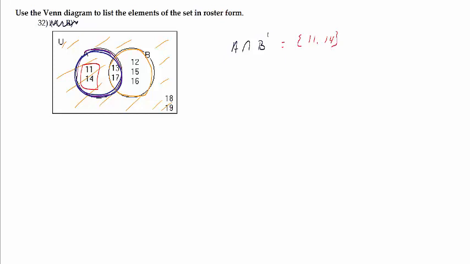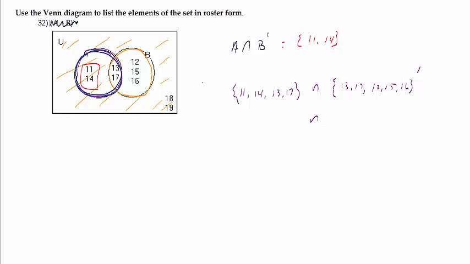If you prefer, you could write these out. Say the set A is equal to 11, 14, 13, 17. And we're going to intersect that with not B. B contains 13, 17, 12, 15, 16. So I have to take the complement of that first.